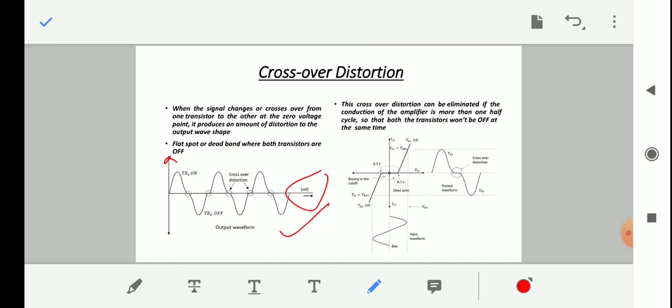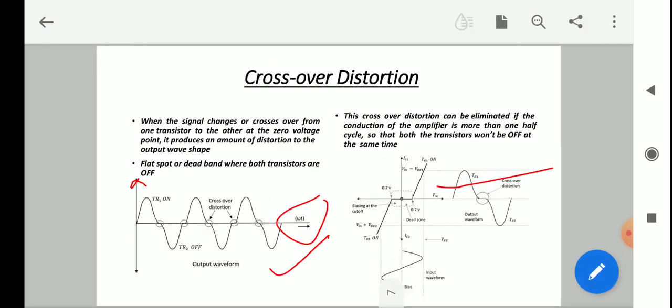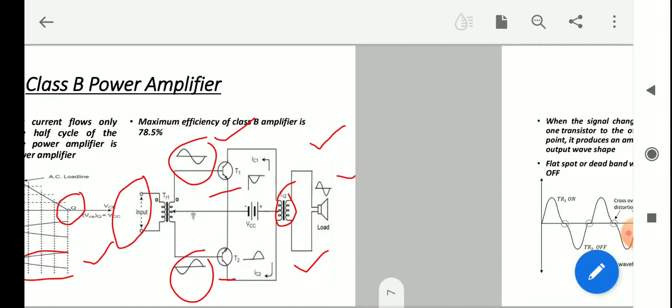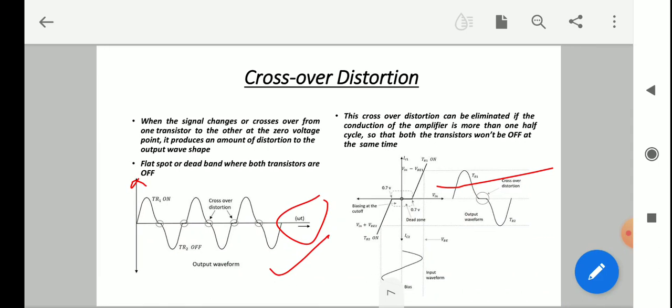The crossover distortion occurs when the input signal changes or crosses from one transistor to another at the 0 voltage point. It produces an amount of distortion to the output wave shape. We can understand it easily with the previous slides, that when the transistor T1 conducts, transistor T2 is off, and when T2 conducts, T1 is off. So both transistors cannot conduct simultaneously.